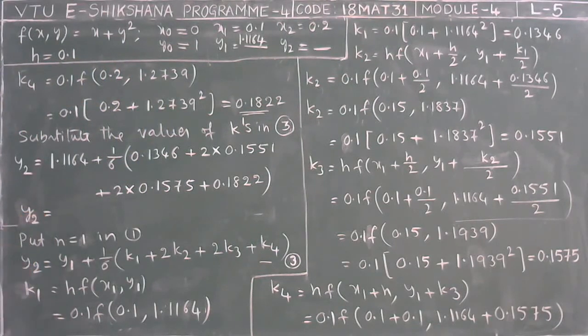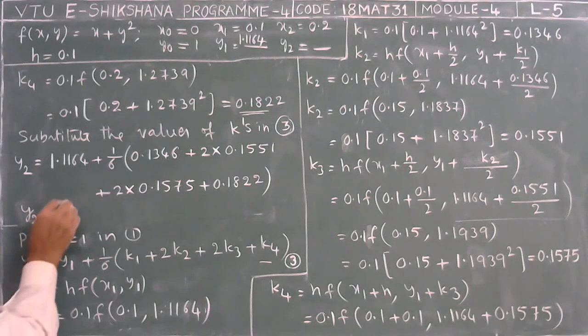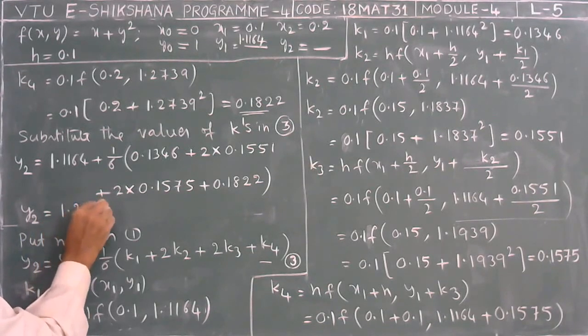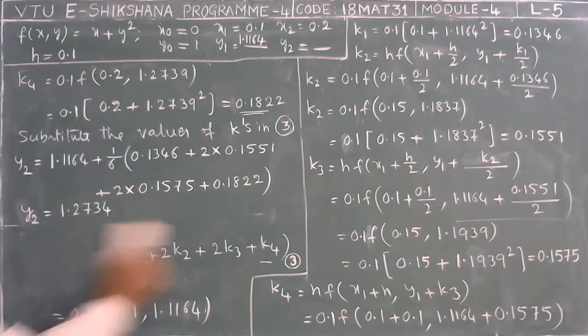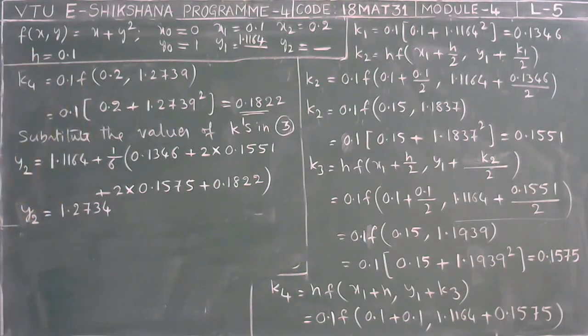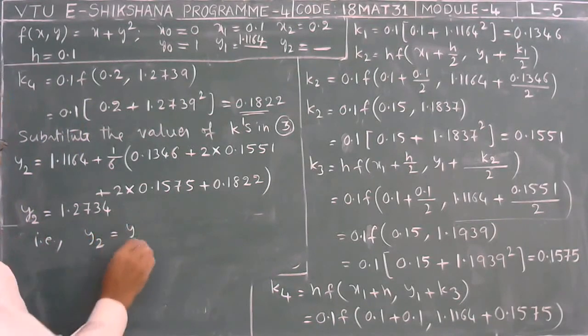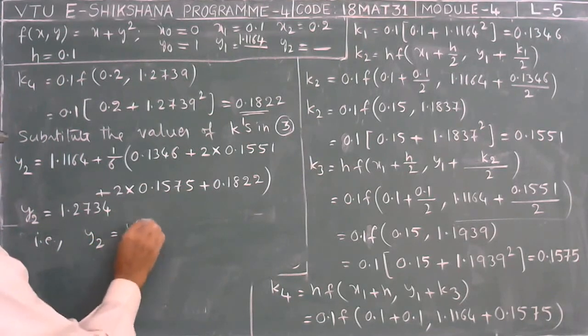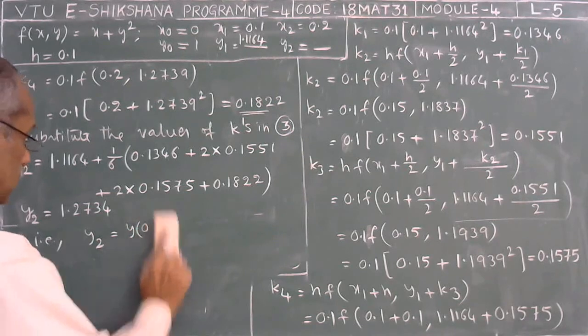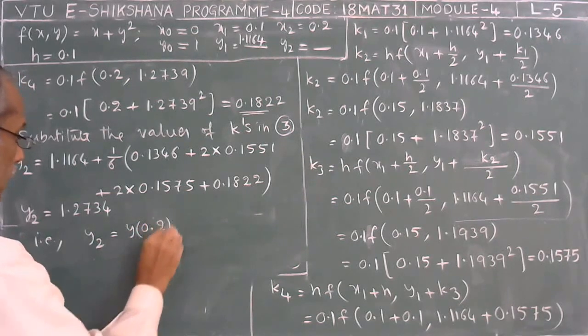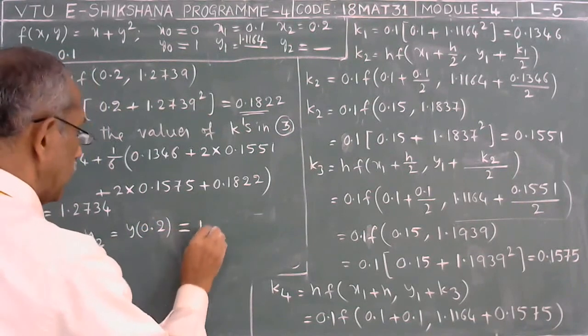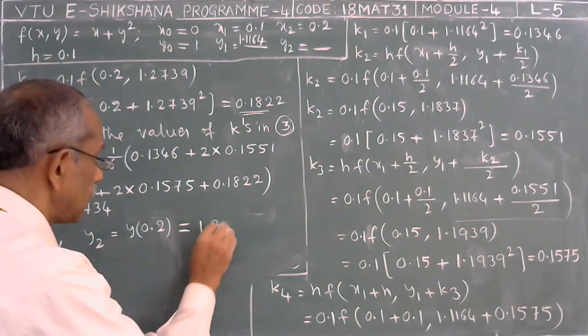So if you compute carefully using your calculator, you get y2 equal to 1.2734. That means the value of y at x is equal to 0.2, that is y2, is equal to 1.2734.